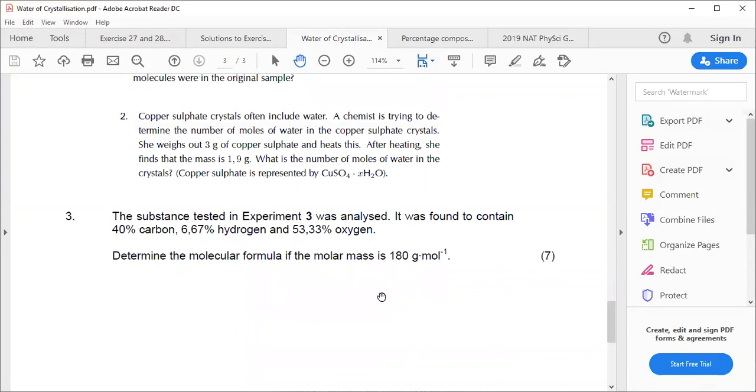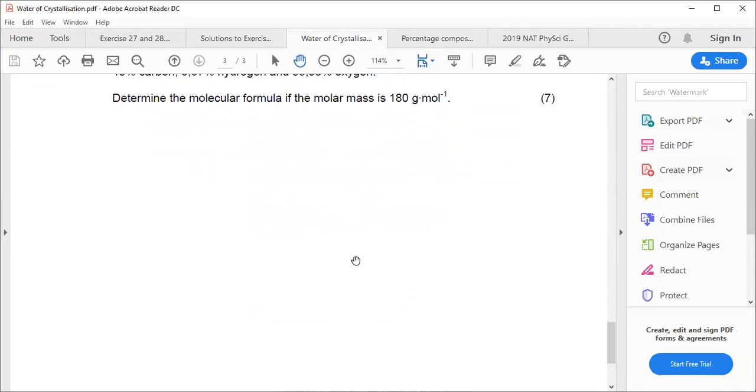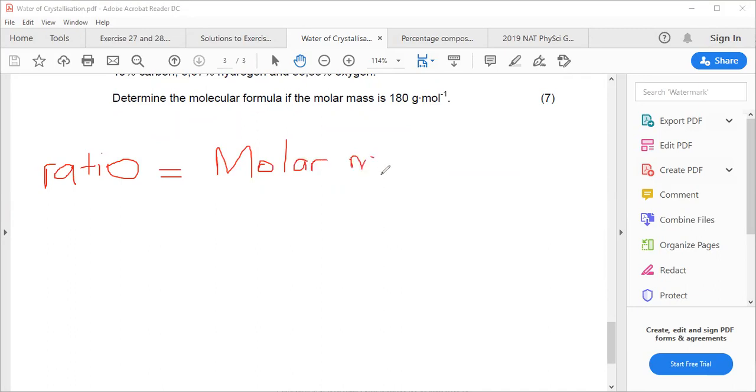Please just write in your notes somewhere there for you to find the ratio. Please just write that formula that I've stated there. Ratio is equal to molar mass. You'll be given this molar mass here, divided by the molar mass of the empirical formula.